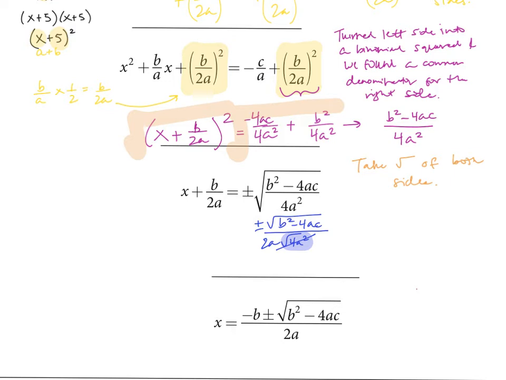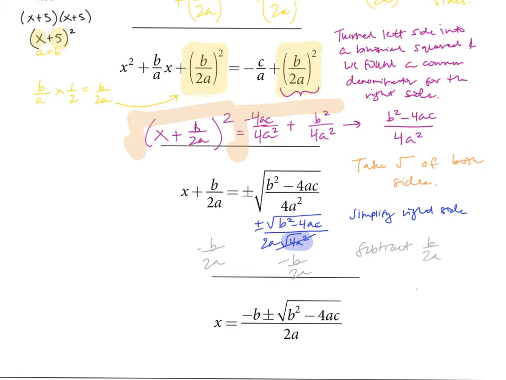Now, not just simplifying what's on the right side, we can also start to move over our b over 2a. We can move that to the right side as well. So that'll be like a second step. We're going to simplify the right side, and then we will subtract b over 2a from both sides.